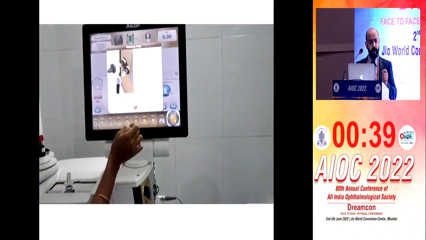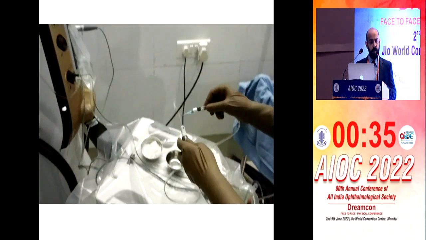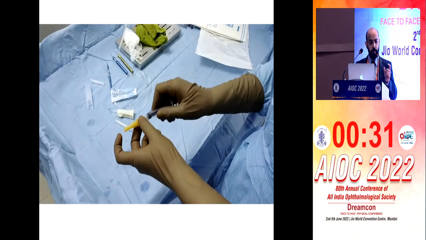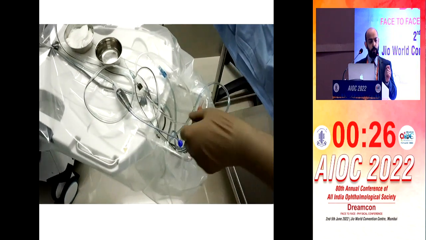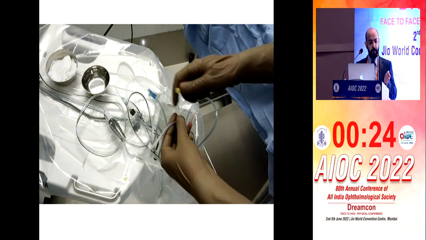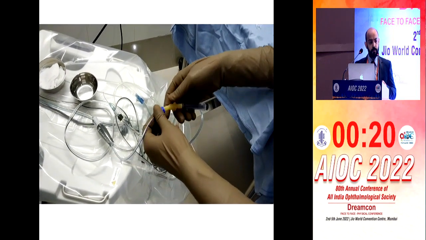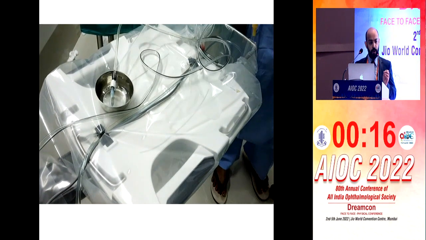You have to put in a separate needle, but we don't use the infusion at all. So initial priming is done as usual. The only thing is, you need this yellow adapter. It comes with any IV cannula. You use it to basically aspirate out the vitreous sample. We do not need the infusion, so you have to keep it separately.